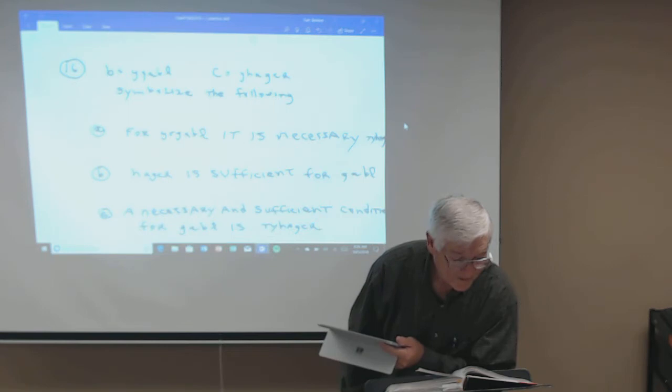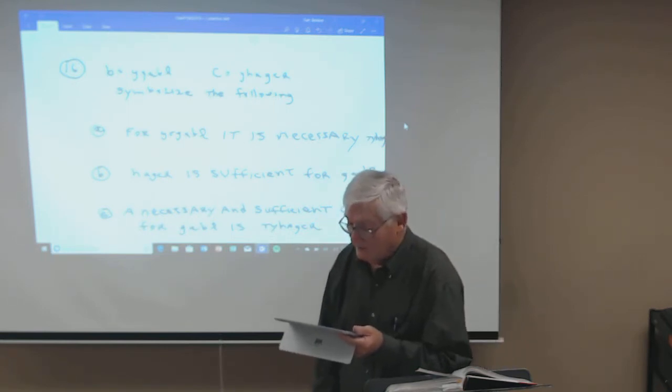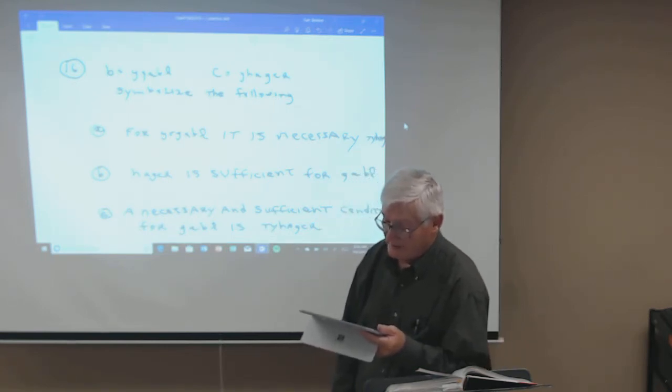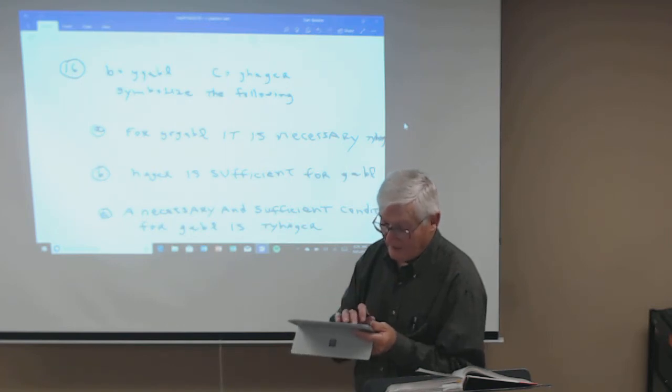16 says B is you get a bank loan. C is you have a good credit rating. Symbolize the following.